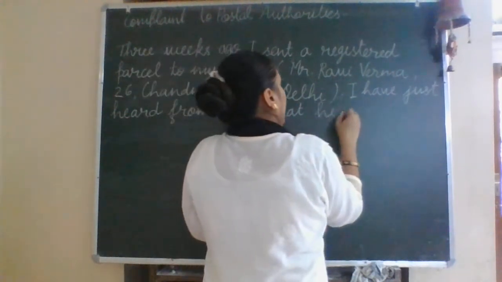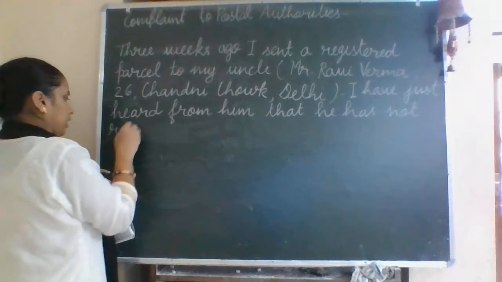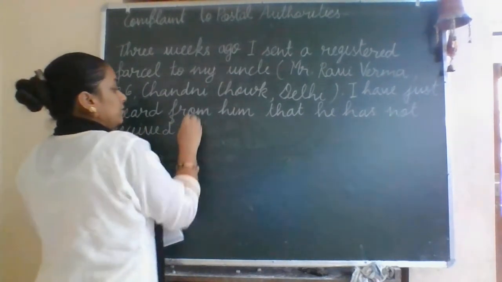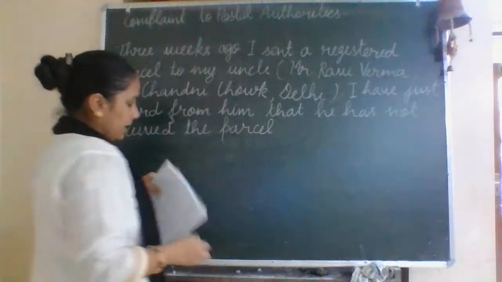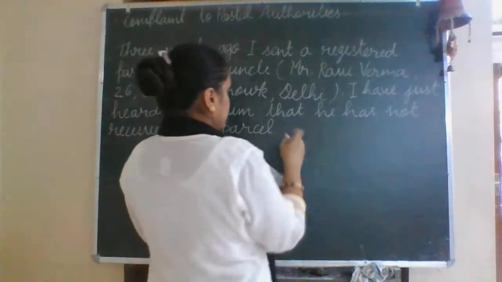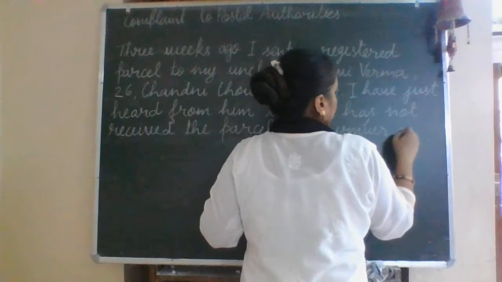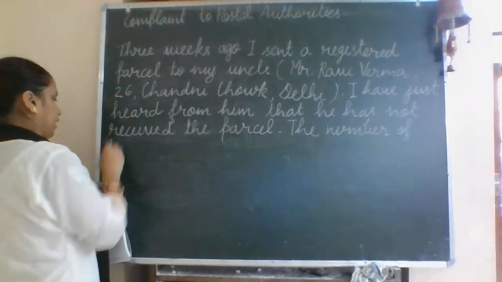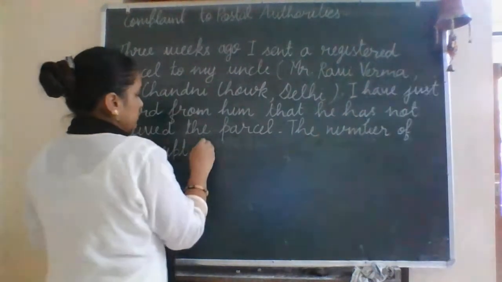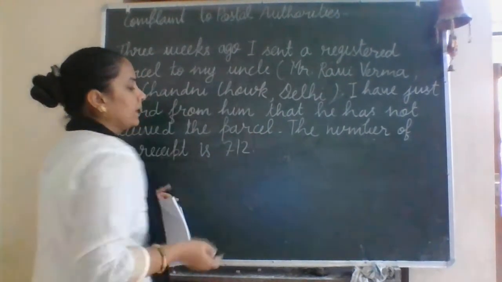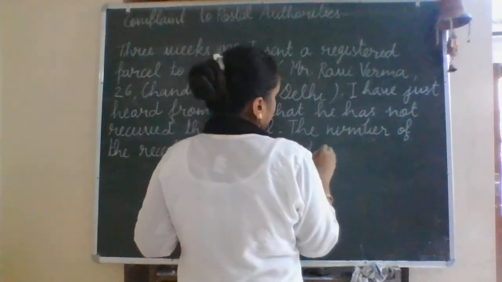The number of the receipt is 712. The information that you are providing, it is dated when it was sent.